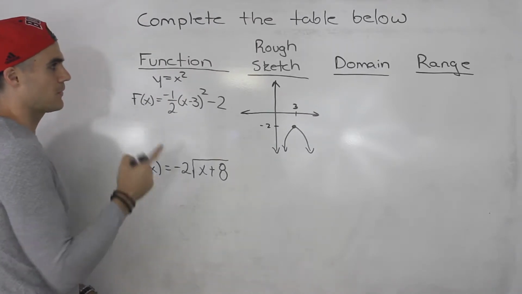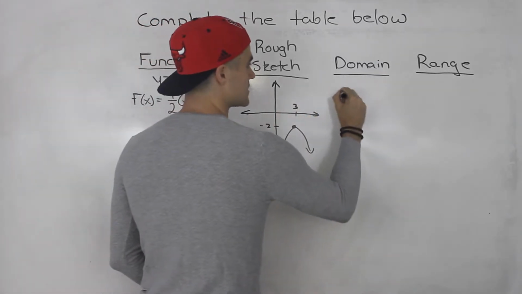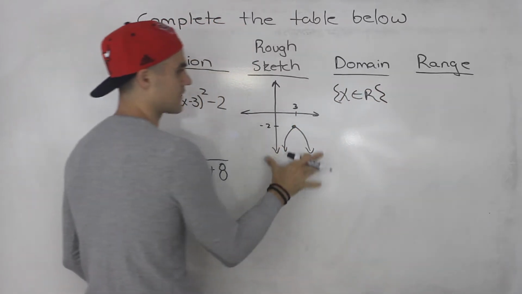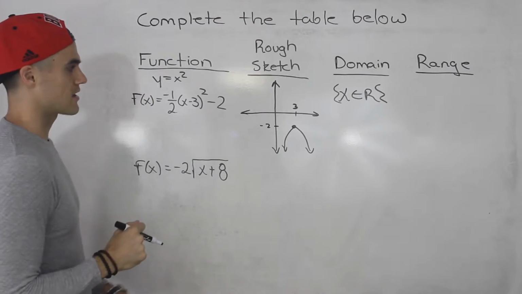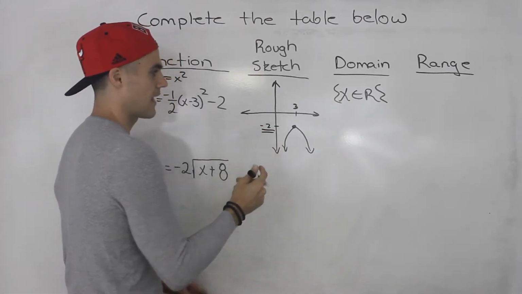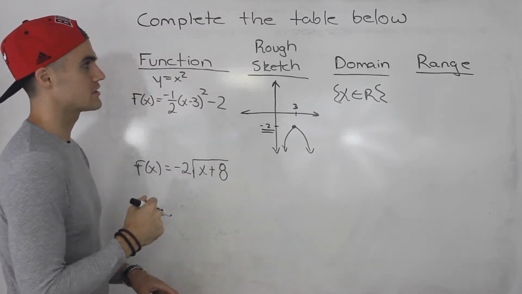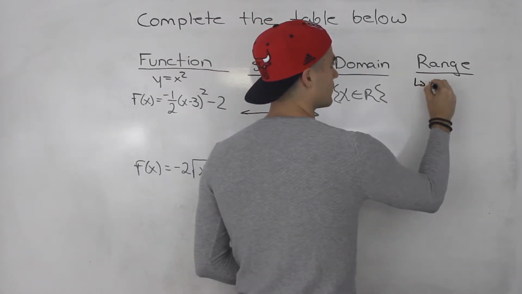Now, the domain of a parabola, it's always what? It's always x is an element of real numbers. Basically, the x value can be anything. The range always depends on the y value of the vertex and whether or not the parabola opens up or down. So you can always tell what the range is for a parabola.